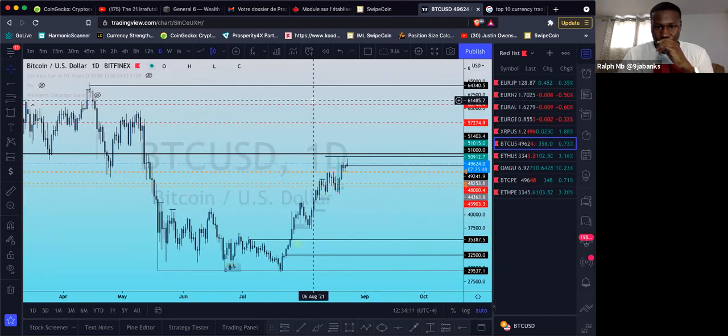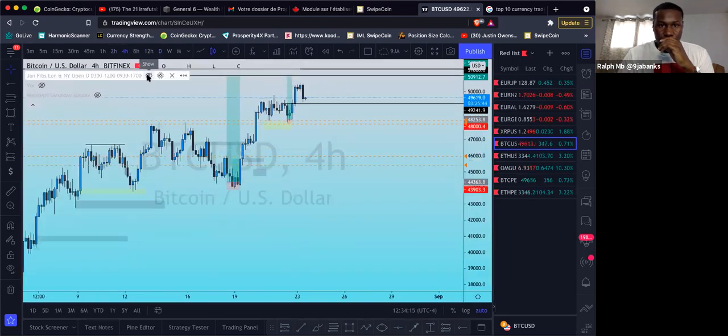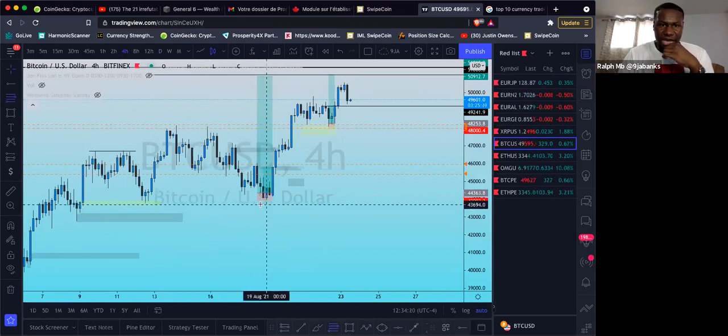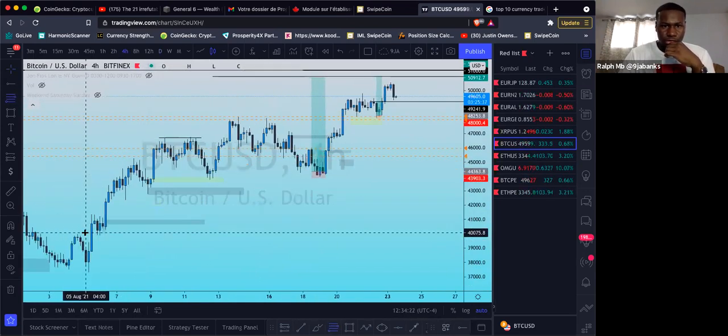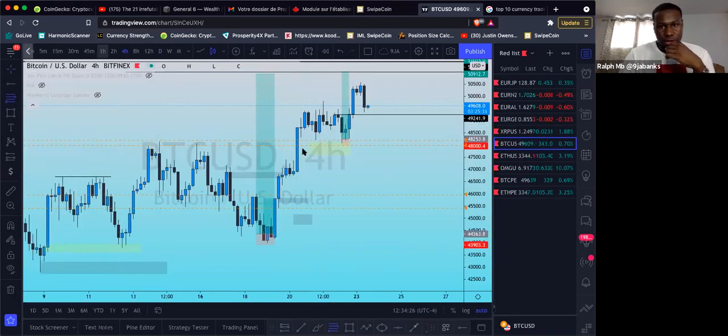Oh, I removed the Fibs? Hold on one second. So right here in this scenario, I did it from a high to low. This is the 1 hour chart.